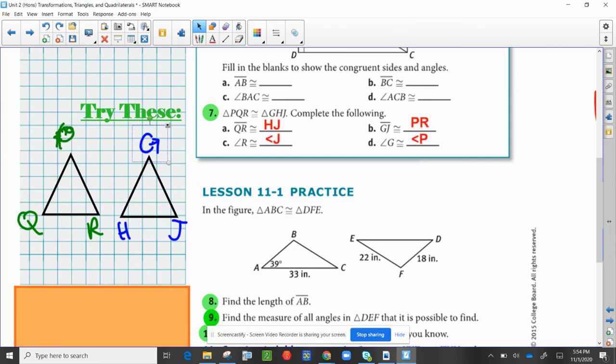And then GJ would pair up with PR. And then my angles R and J go together, so G and P go together. Again, make a picture if it helps you. Color code it, draw on it, do whatever you have to do to help yourself match up what goes together. And remember the order. You can even look at the congruence statement, QR, HJ, and line up what is in the same spot there also.